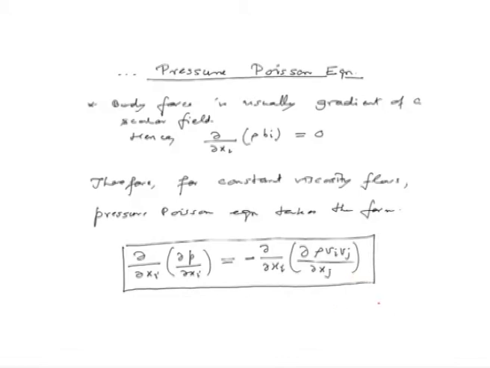So, this is the final form for the pressure Poisson equation for the flows with constant viscosity.